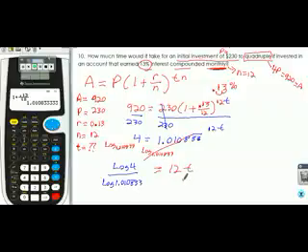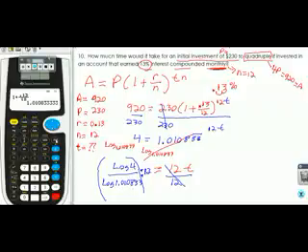Almost done. As I go to solve for t, 12 is multiplying times t, so to get rid of it, I'm going to divide it away. What I do to one side, I do to the other. So I'm going to divide this by 12 after I do all my log stuff. So let's key punch this, put it in the calculator.